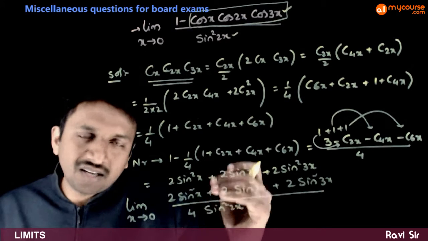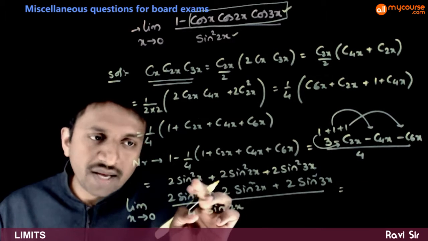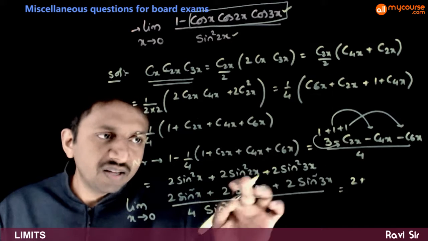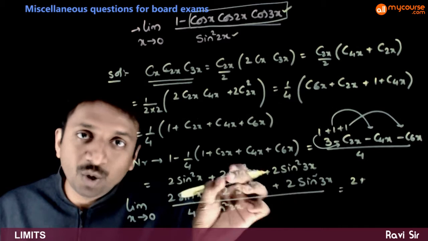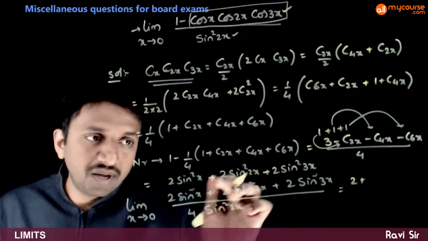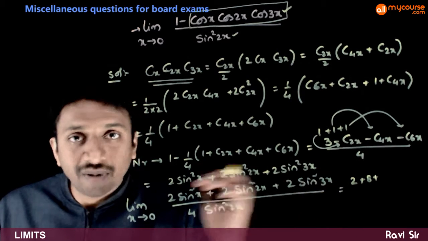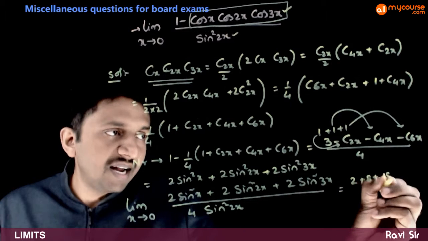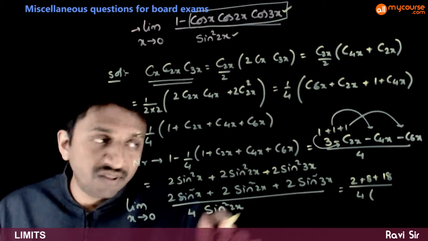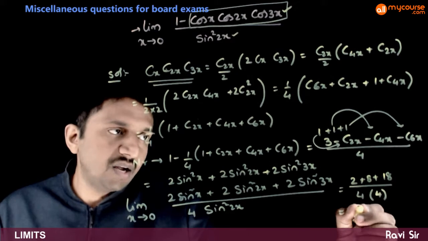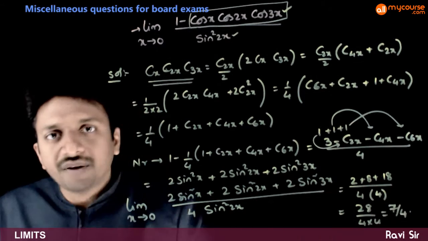If you divide the numerator and denominator by x square, sine square x by x square goes to 1, so 2; for sine square 2x by x square you have to multiply numerator and denominator by 4, so you get 2 into 4, 8; plus you have to multiply numerator and denominator by 9 here, so 2 nines are 18. In the denominator, 4 times 4. So the numerator is 2 plus 8 plus 18, which is 28, divided by 4 into 4, which is equal to 7 by 4. That is the answer.